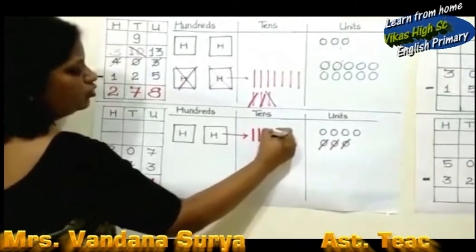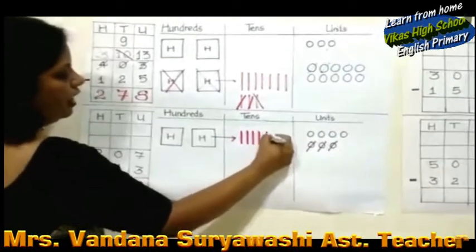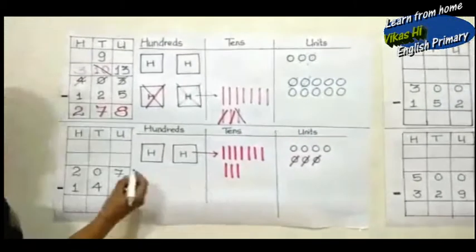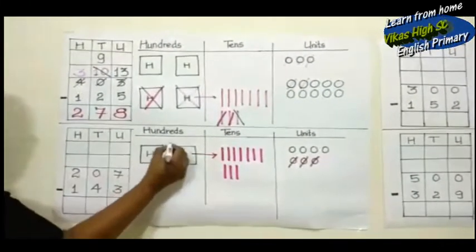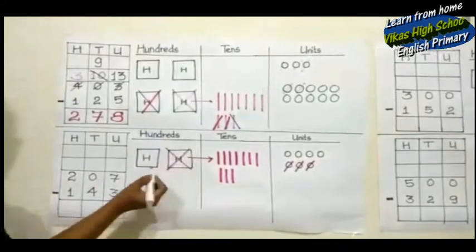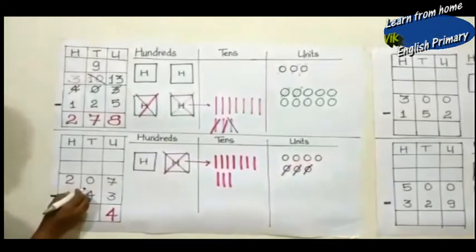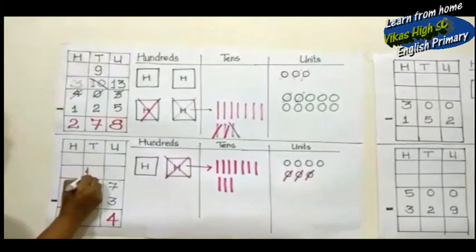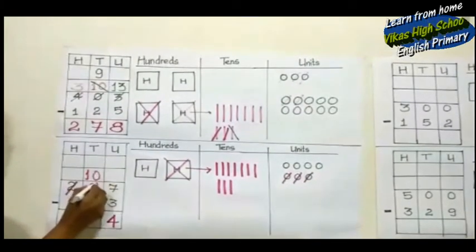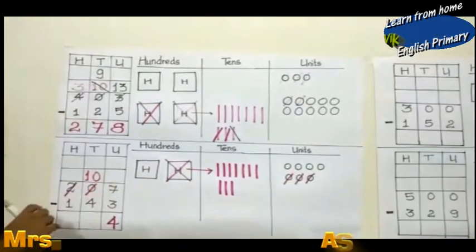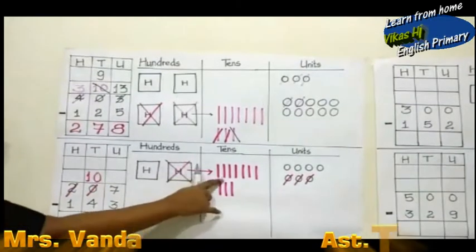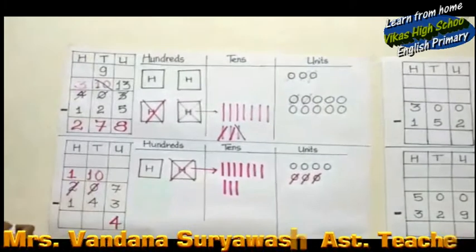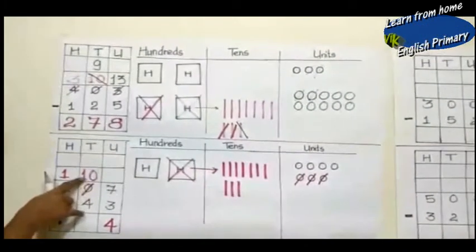So 1, 2, 3, 4, 5, 6, 7, 8, 9, 10. Now from this 200, when we borrowed here 10 tens, how many remain here? 1.